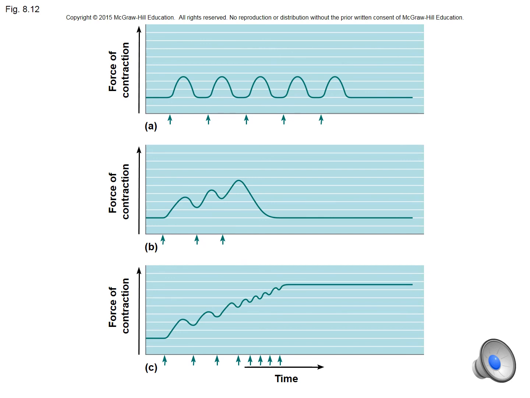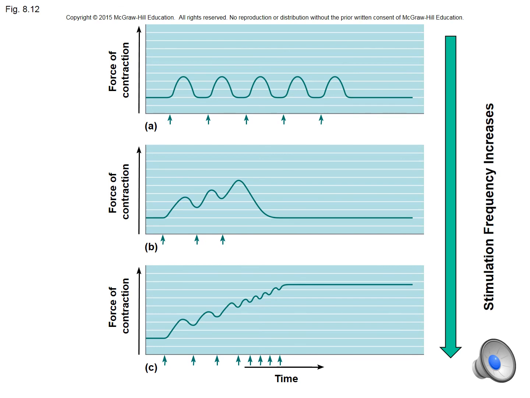So it depends on the frequency of stimulation and on the number of muscle fibers involved. If we look at this arrow as we go from this first graph down to the third graph, the stimulation frequency is increasing. And I would dare say that the number of muscle fibers being recruited is also increasing.